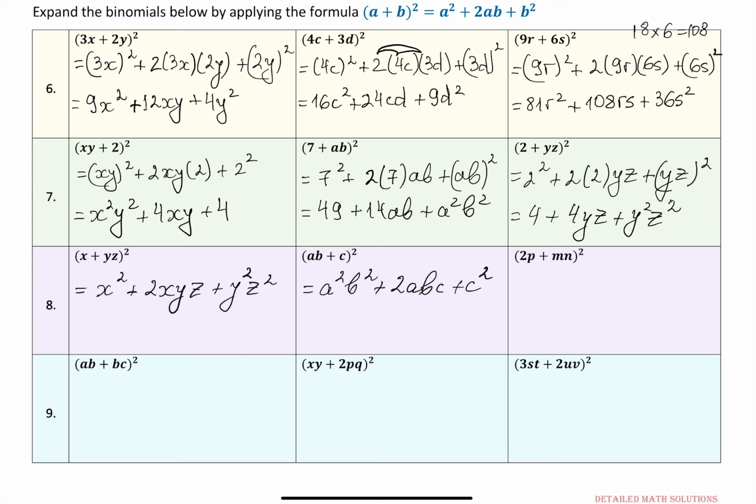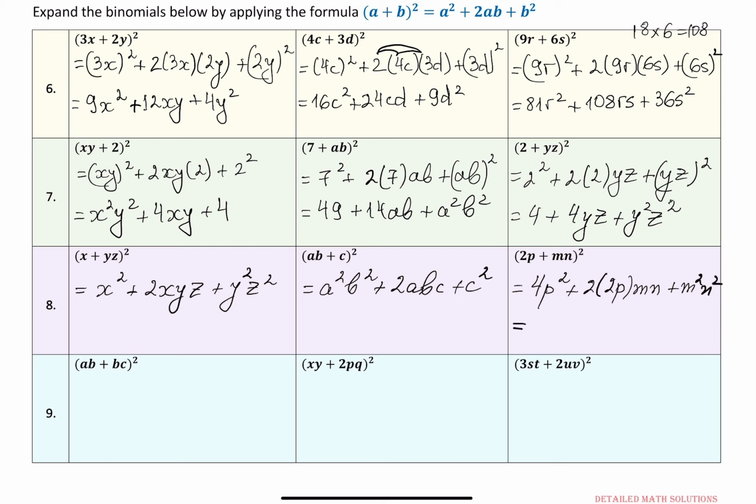Next we have (2p plus mn) squared. (2p) squared is 2 squared p squared, or we can directly write, now that we're more comfortable with the formula, that it equals 4p squared plus 2 times 2p mn plus (mn) squared, or m squared n squared.